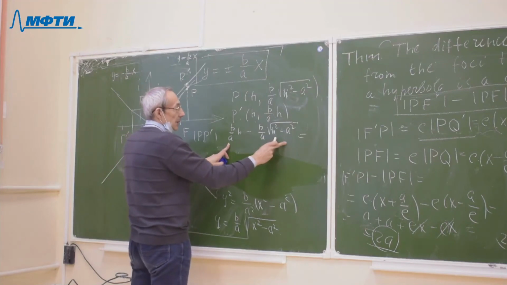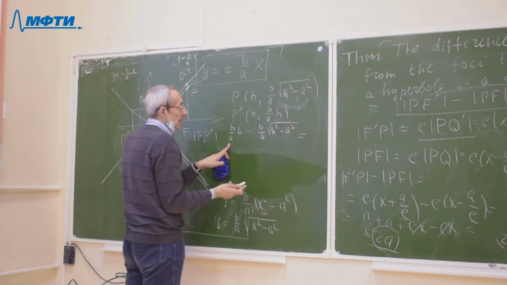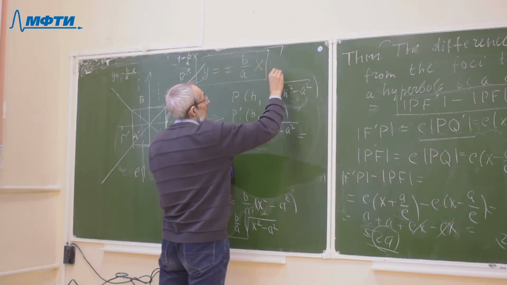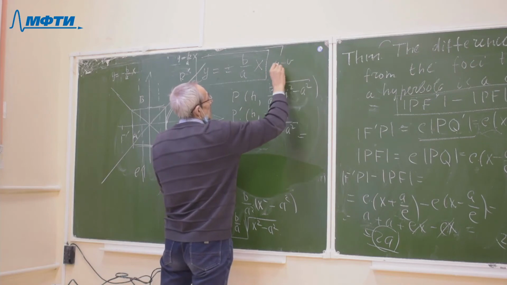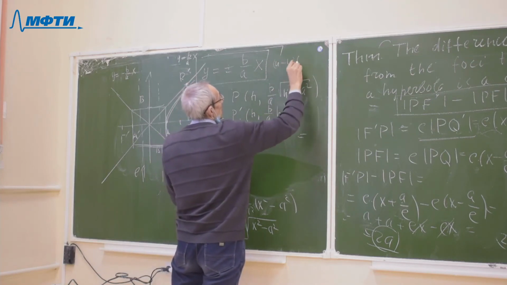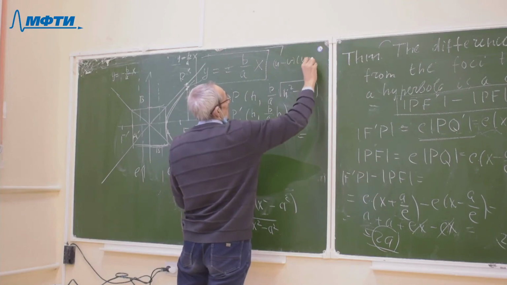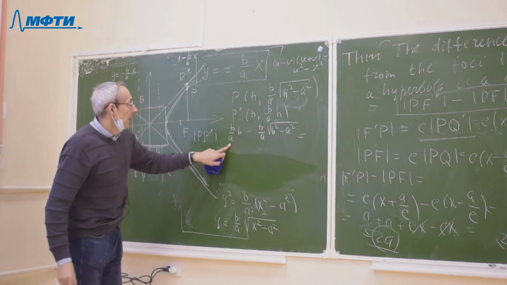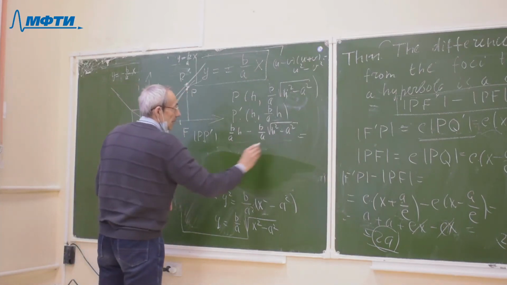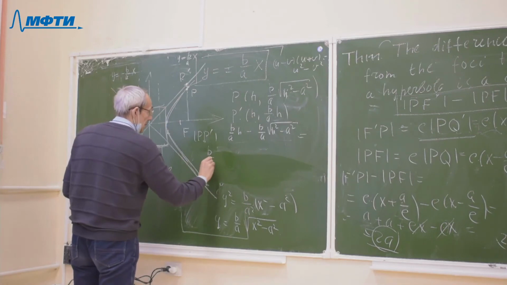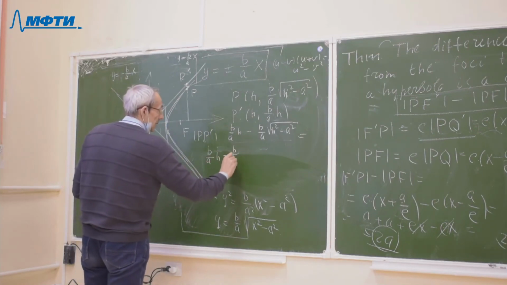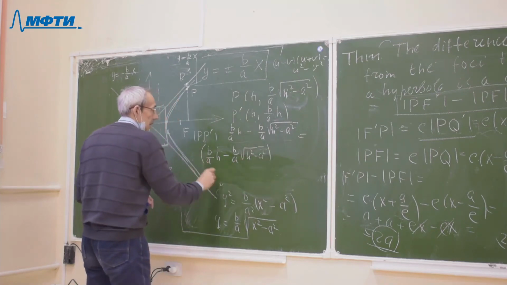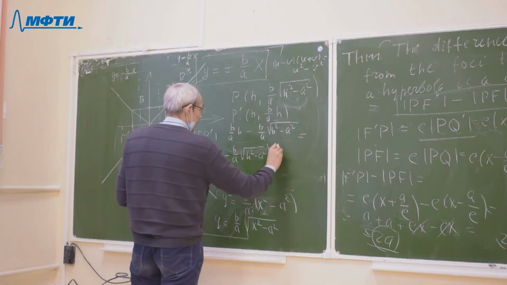easy to see that this difference is equal to... We have a difference between two expressions, and we can use the formula u minus v equals the difference of squares of u and v divided by u plus v: we multiply this difference by the same sum and divide it by the same expression.